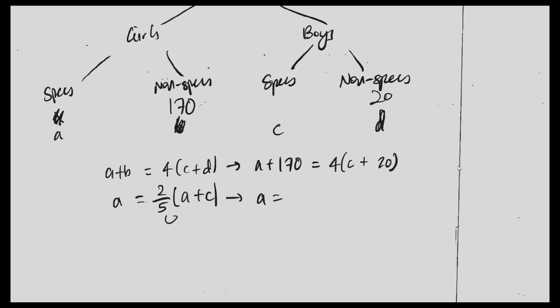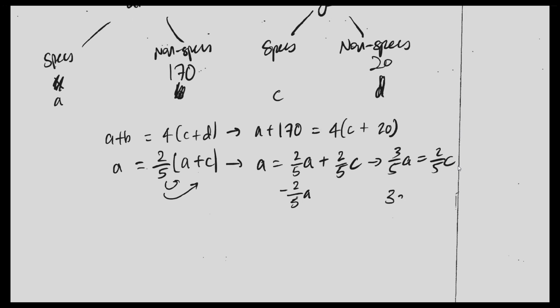Well, you just expand the 2/5, so there will be 2/5 times A plus 2/5 of C. Just take away 2/5 A, and we'll actually get 3/5 A equals 2/5 C. If we multiply by 5, we just get 3A equals 2C.